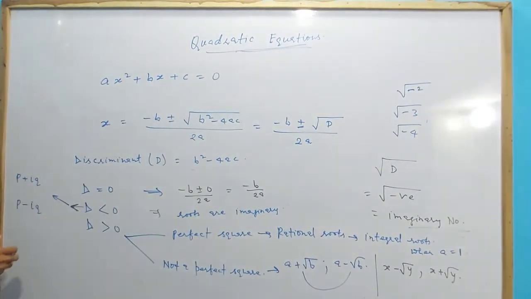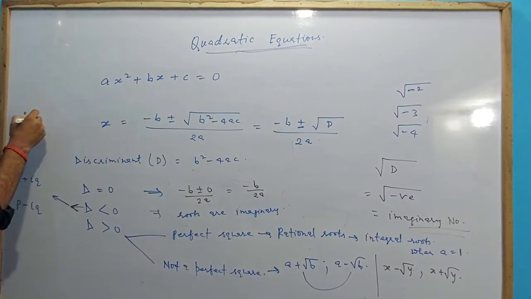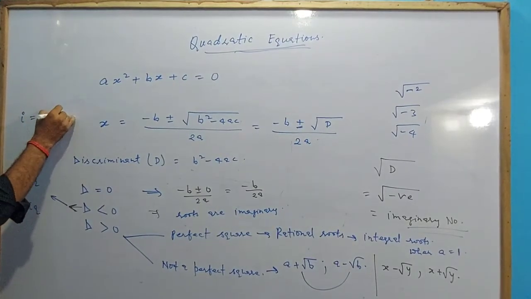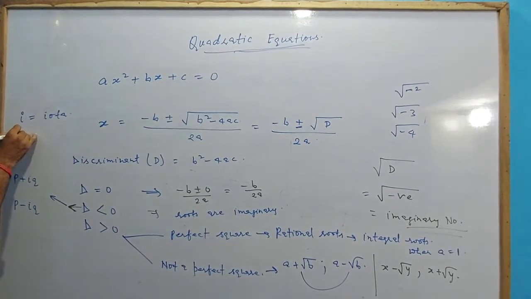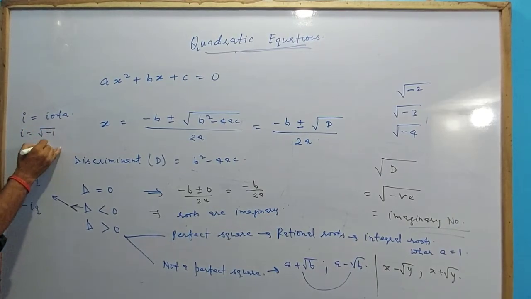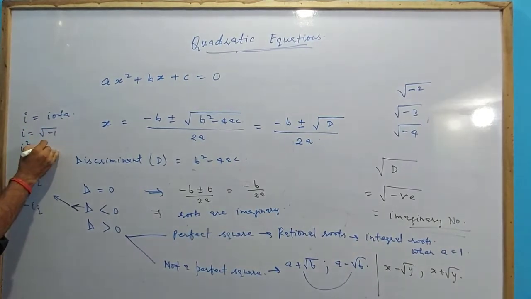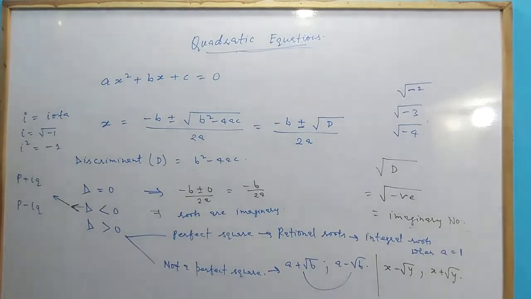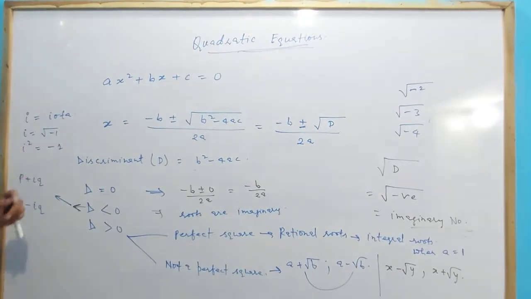What is the value of i? i is said to be iota, and it is equivalent to root minus 1. Therefore, i square will be equal to minus 1. Understood? So i square equals minus 1.